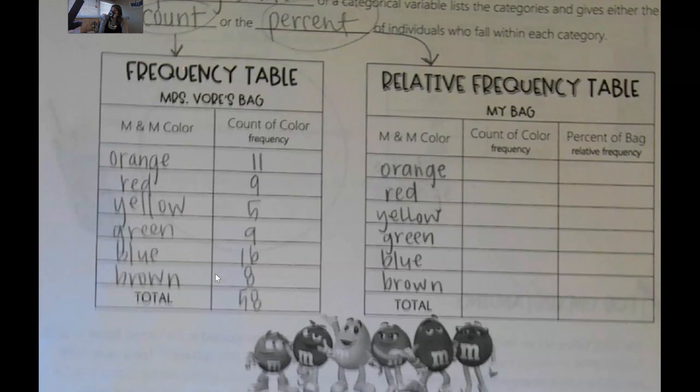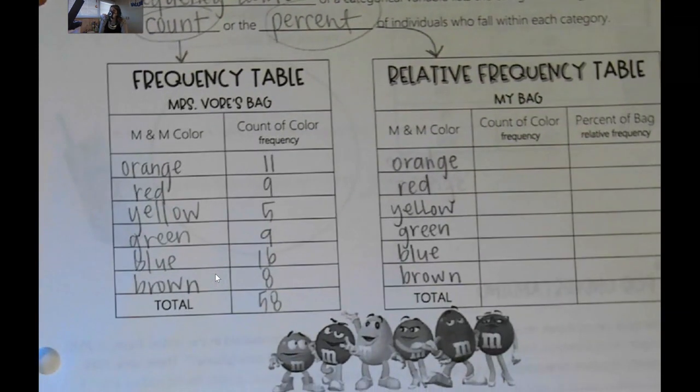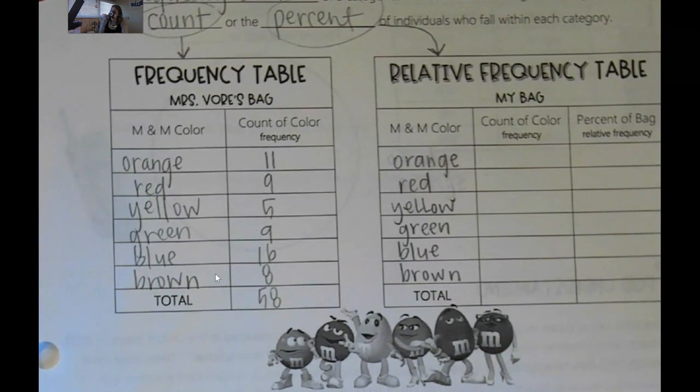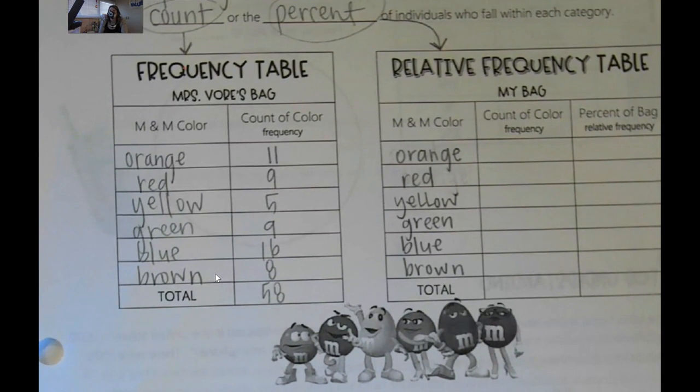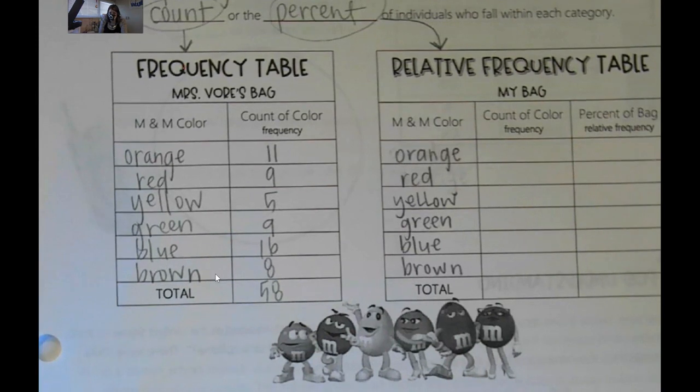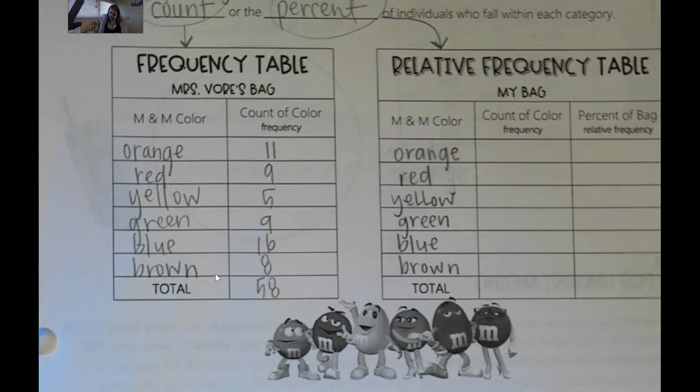If you had a regular bag of M&Ms, did you have close to the number that I have? Did you get 58 on the dot or just close? Okay. 54, you were cheated out of some M&Ms.